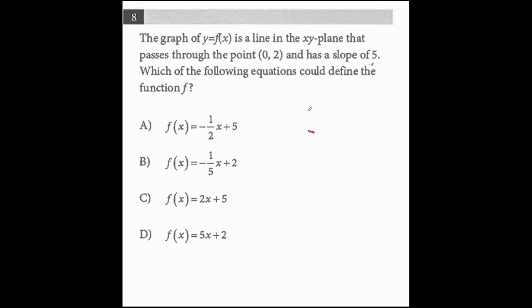So that means it would just be 5x, and it passes through the point (0, 2). So that would just be the y-intercept, so 5x plus 2. Which of the following equations could define this function? The answer is D.